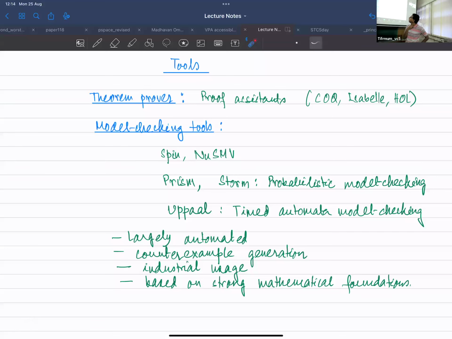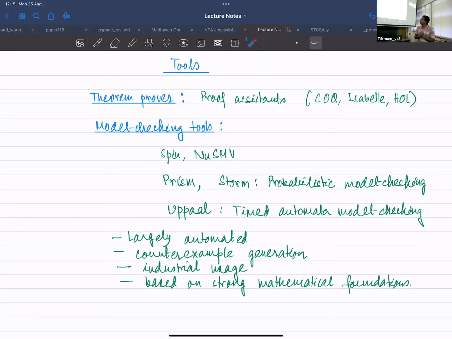One set of tools is called theorem provers, or proof assistants. What happens is that you are given a specification. If someone wants to study theorem provers and proof assistants, it can be a separate course altogether, like programs and proofs. The idea is that you are given a logic, a set of axioms, and a set of inference rules.